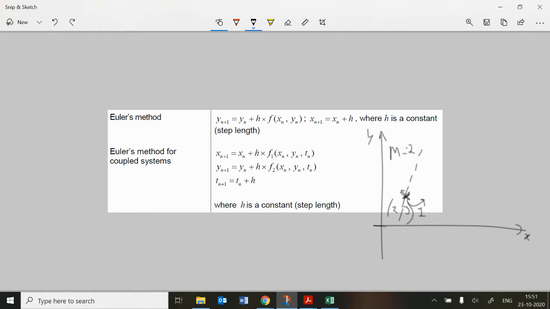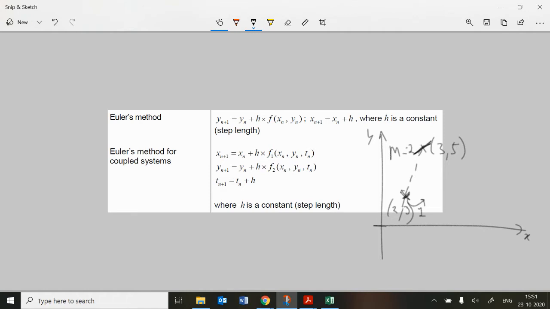So that's how far we're going to go up to the next y coordinate point. So the next point would be at 3, because I added the 1 onto the x value, and then plus the 2 on, which would be 2 times the 1 here. That would be the 1 there, and that would be 2 there as the gradient. So then we would be adding on the 2, so that would take us to 5. That would be our next point. And at the next point, we work out the gradient there.